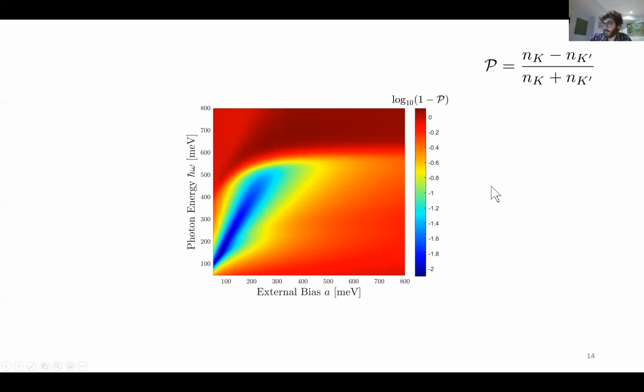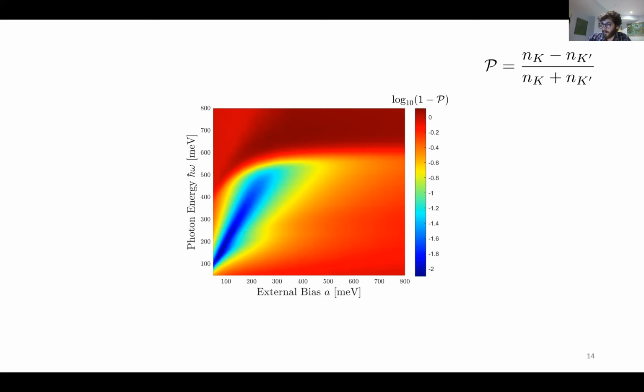And then we plot it on a logarithmic scale to get a better sense of where the valley polarization is strongest. So in particular, if we have, say, a valley polarization of 99%, then 1 minus that gives 0.01. Log base 10 of that is minus 2. And so along this blue curve here, this well-defined blue curve, we have nearly perfect valley polarization.